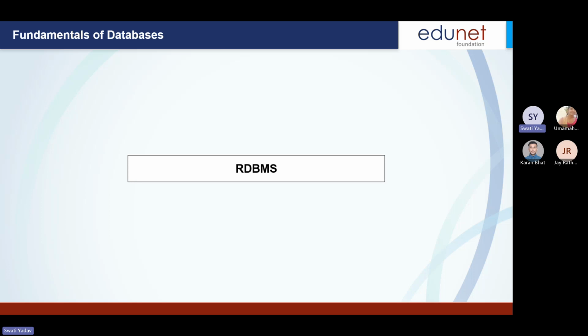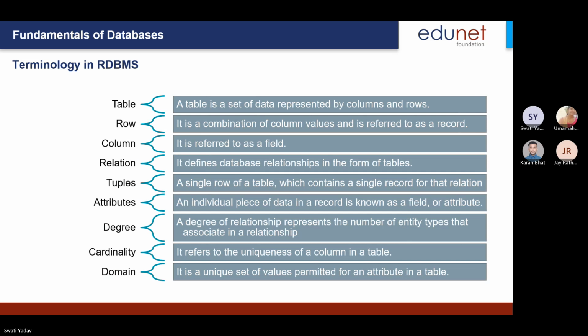Now, what is a table? These are all the terminologies in RDBMS that you need to know about: table, row, column, relation, very important, tuples, attributes, degree, cardinality, and domain. When you talk about tables, the data that you're feeding into your database is stored in the form of columns and rows.